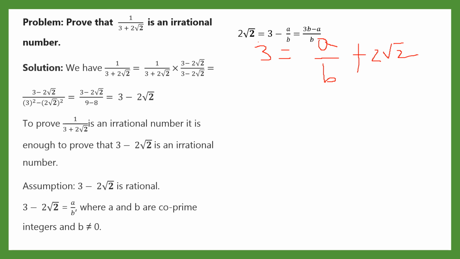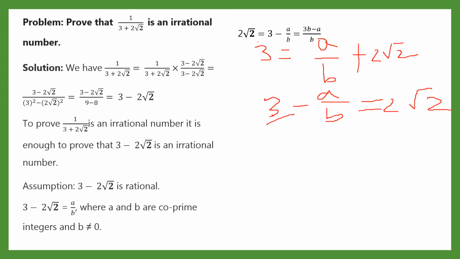That is 3 minus a by b is equal to 2 root 2. Now we have a plus sign for the irrational part, no issue. Now 3 minus a by b: 3 is 3 by 1 only.